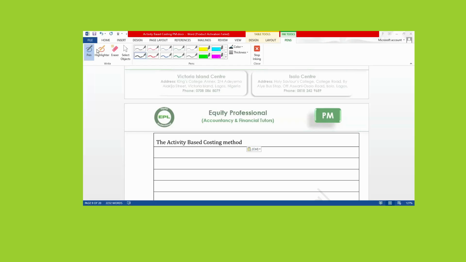All right, let's go on with this solution now. I need to calculate cost per unit for each product.